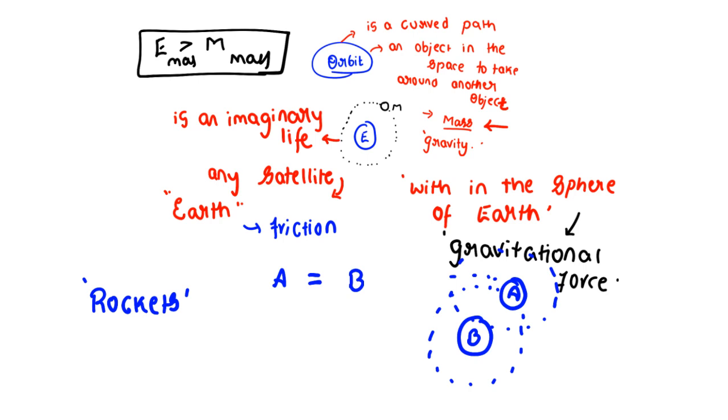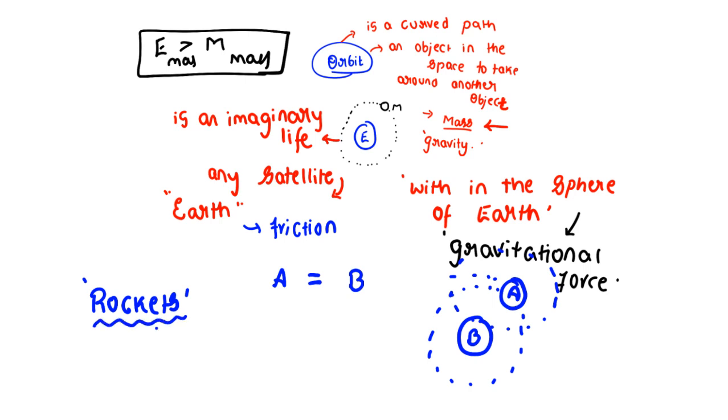Gravity does not require any fuel, so the satellite can stay in that path for a longer time. So the satellites that we are keeping around the Earth can be used for telecommunications, navigation, weather forecasting, or any other applications, clear? So generally, we have to use the rockets.